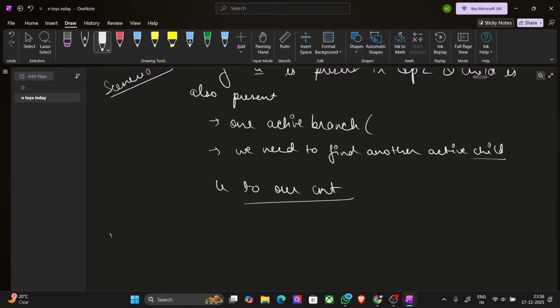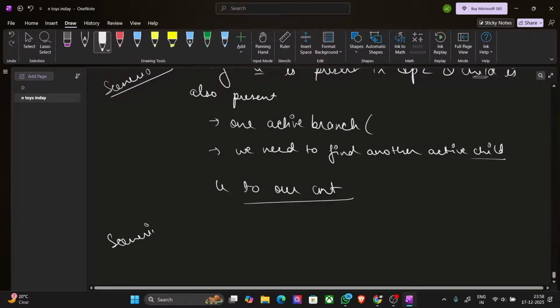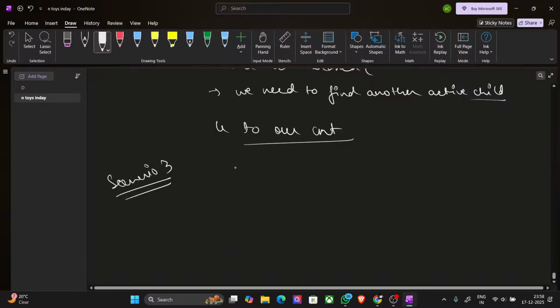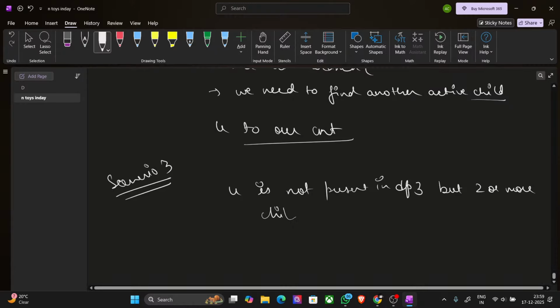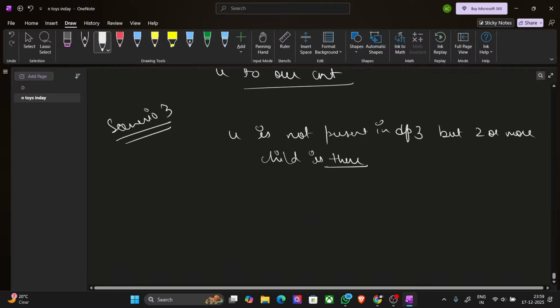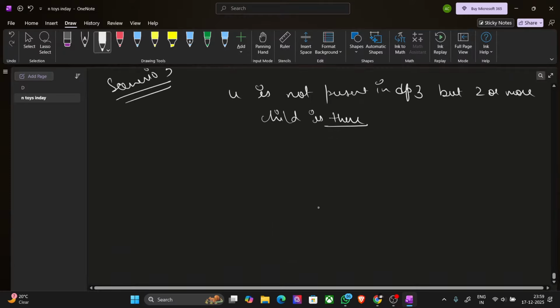Right. The third scenario: when U is not present in DP3, but two or more children are there.